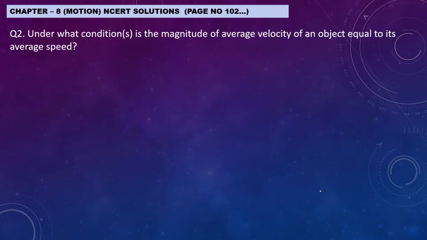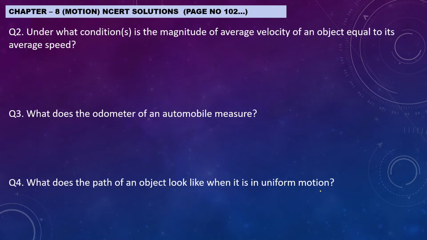Now, under what conditions is the magnitude of average velocity of an object equal to its average speed? Speed and velocity both are equal, right? There is only one condition, when they are moving along a straight line.